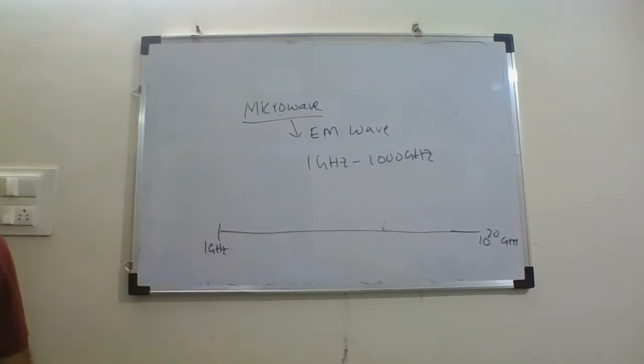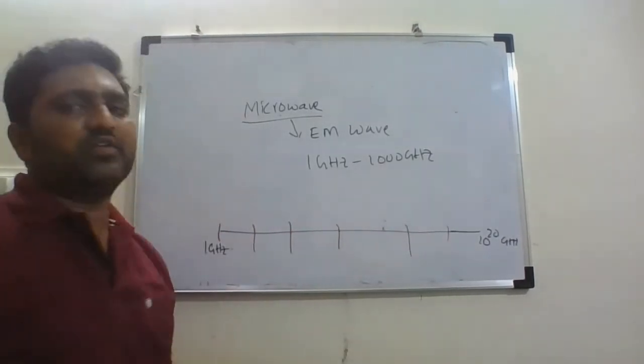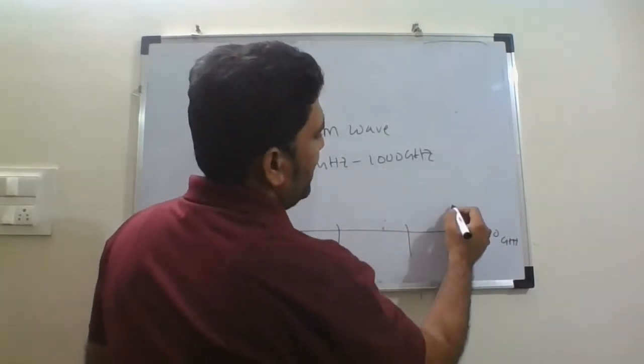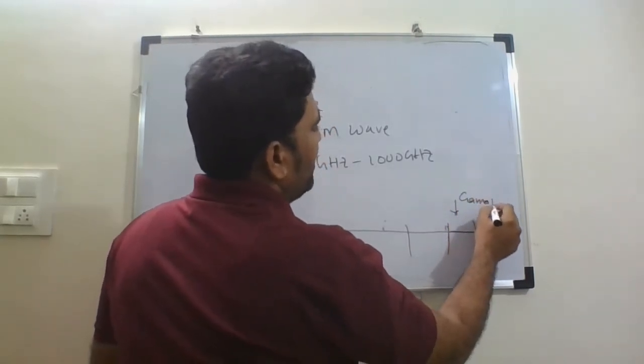This electromagnetic spectrum is actually divided into various types of signals. On the far end, where the frequency is very high, we call these signals gamma rays.